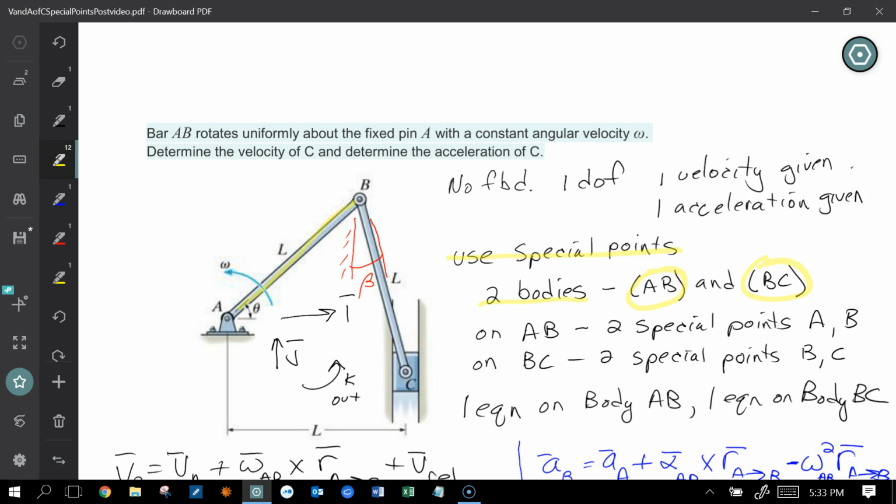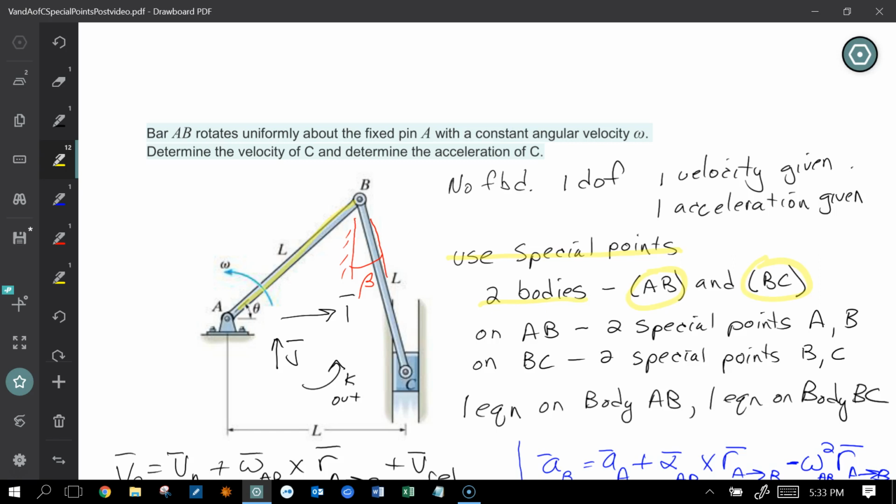One is A, because it's touching the ground and it's touching the link. You also know that there's contact there. You know something about the velocity and acceleration of A. So there are a couple of reasons that A is special. You only need 1. And B is the other point that's special. There are no other special points on body AB. On body BC, there are 2 special points as well.